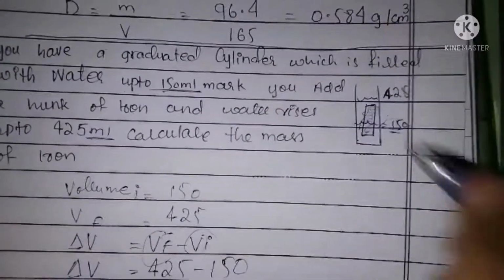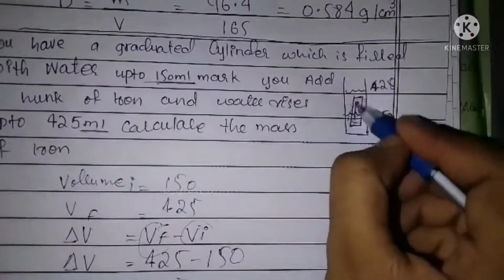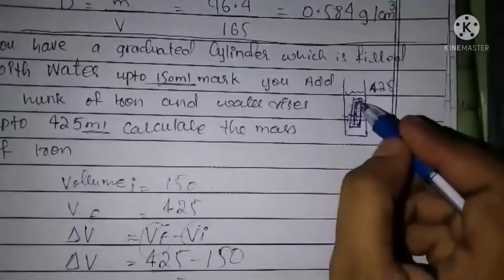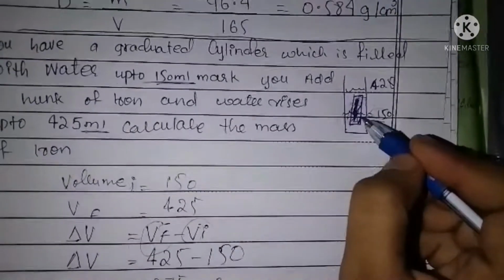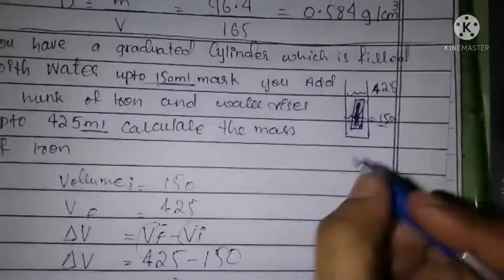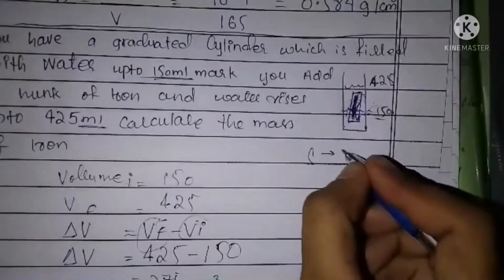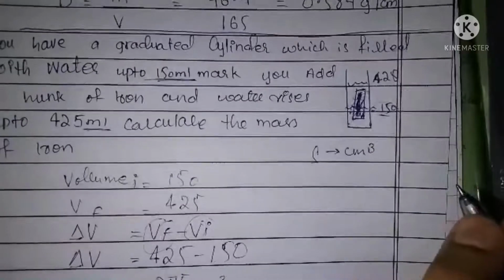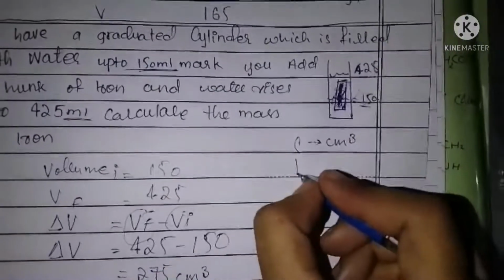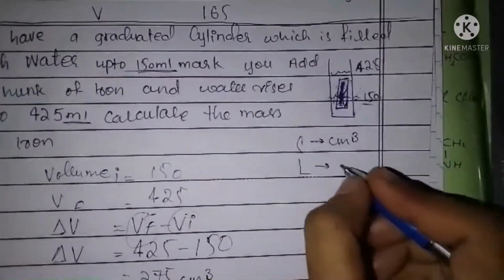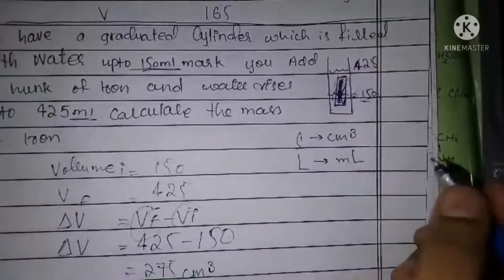So we have this piece of iron, and it is solid. Solids have their volume calculated in centimeter cube, but liquids have their volume calculated in milliliters.